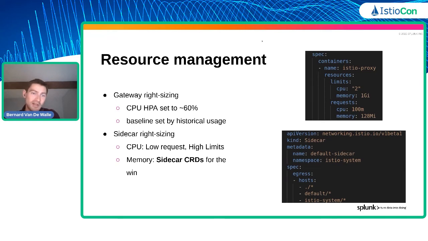And so what we ended up doing is using the Sidecar CRD, which allows you essentially to divide and conquer the mesh and decide that this namespace only needs to know about that other namespace. And by doing so, you reduce the amount of configuration pushed to Envoy and lower the memory.